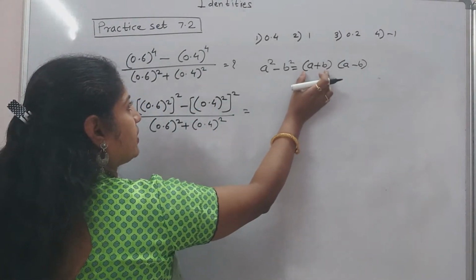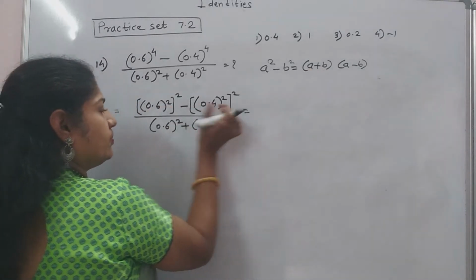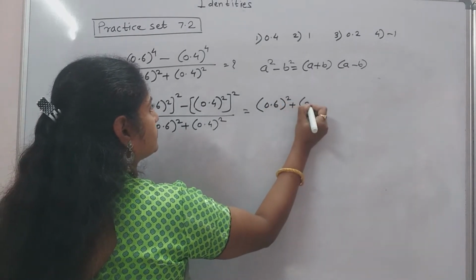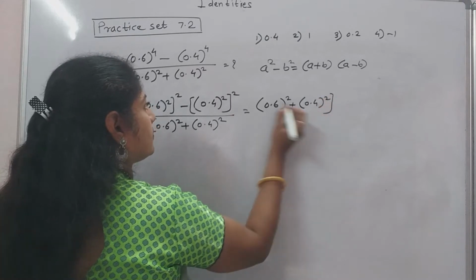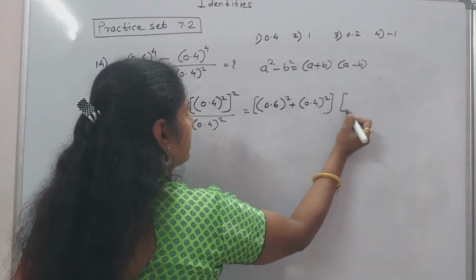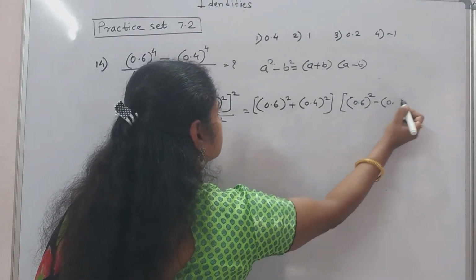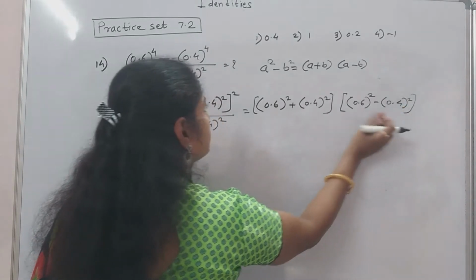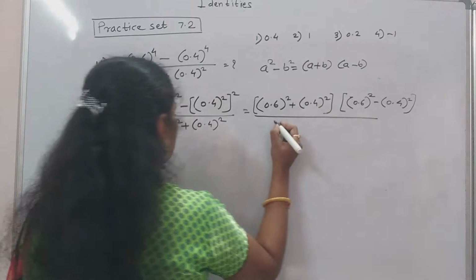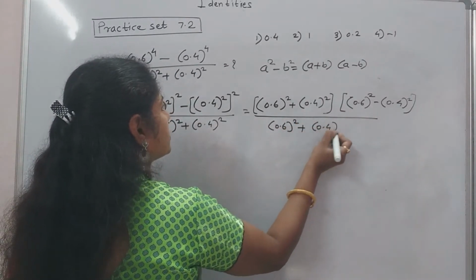First I write the bracket a plus b, the summation of these two numbers, then a minus b, upon (0.6) square plus (0.4) square.